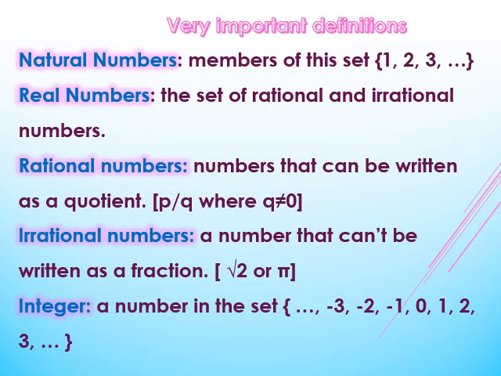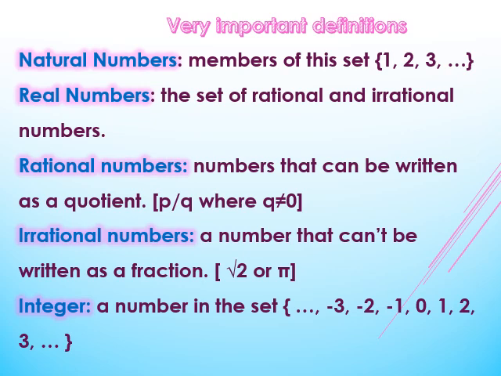We have here very important definitions. The first definition we have is the natural numbers. The natural numbers are the set whose members are 1, 2, 3 up to positive infinity, where 0 is not included.